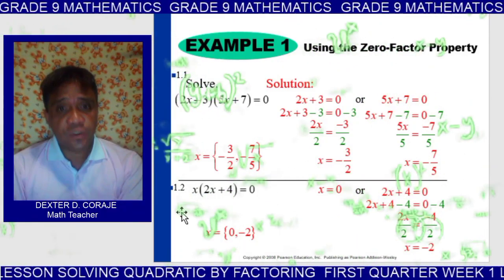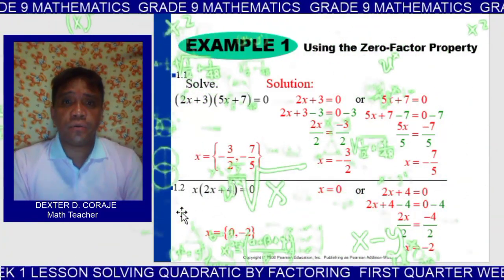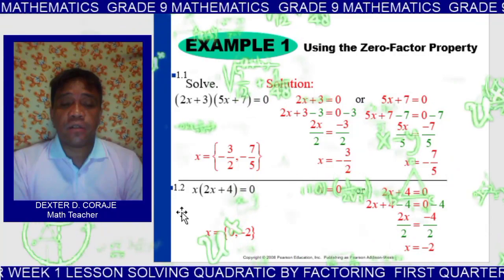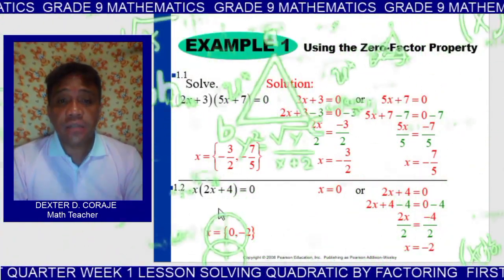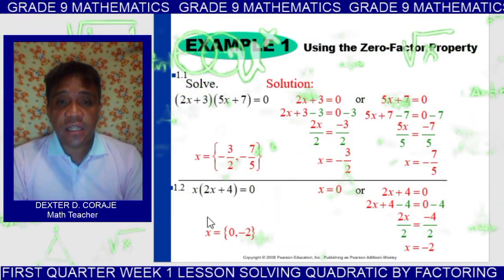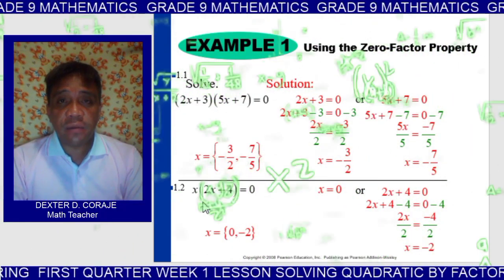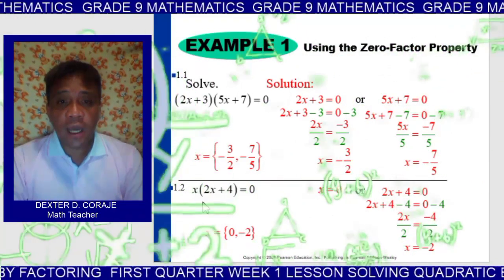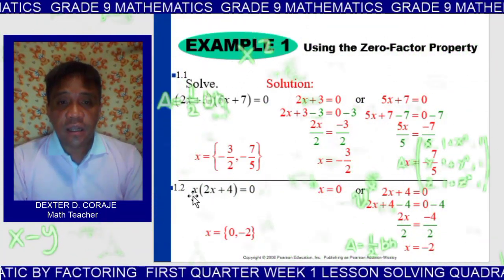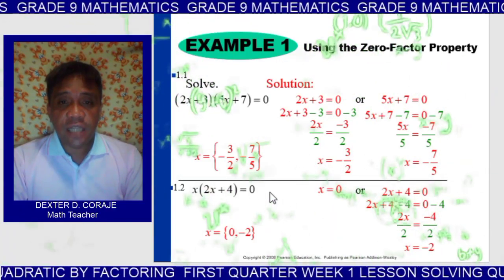Okay, now we proceed to example number 2 for the first example. We have x times the quantity x plus 4 equals 0. Take note again, the given problem is a quadratic equation, but written in factored form. Why? Because the left side is factored and the right side is 0.